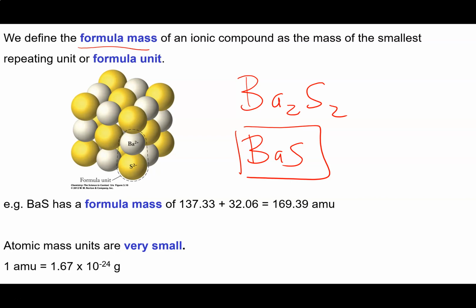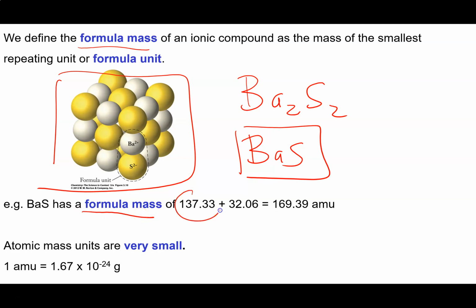There aren't any molecules in an ionic compound. Ionic compounds exist as crystalline materials where we have an approximately infinitely repeating array of positive and negative ions. But the formula mass is calculated exactly the same way as for a molecule. We just sum the masses of the atoms that are in the formula.